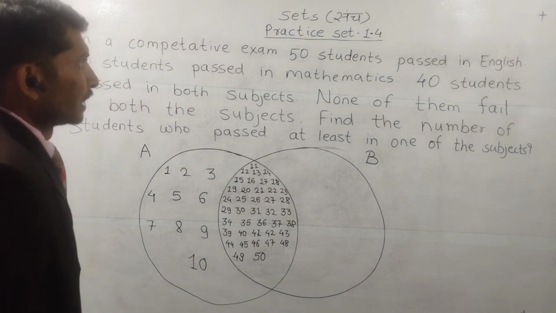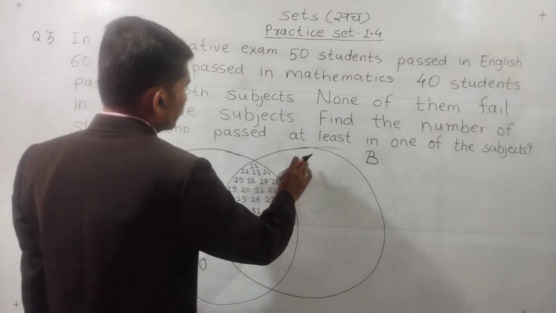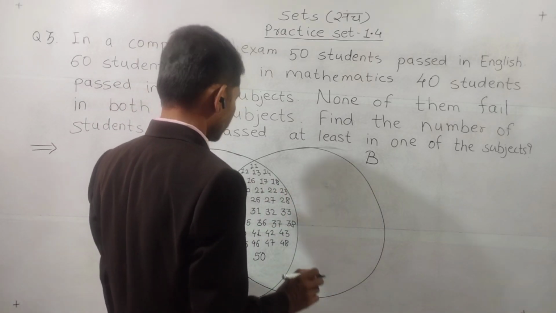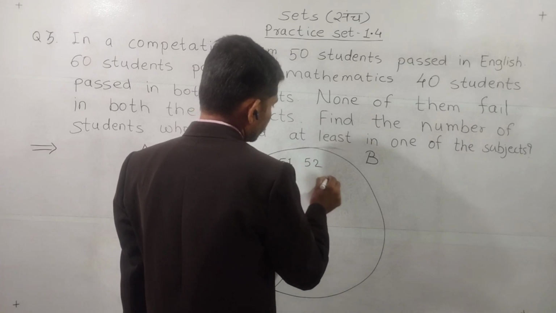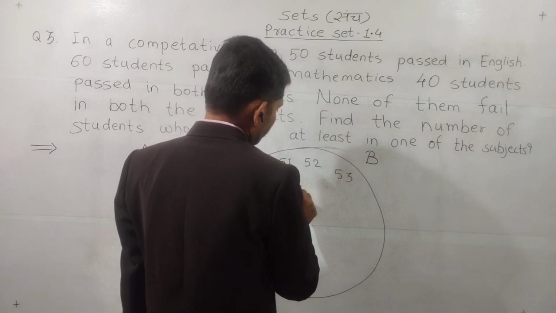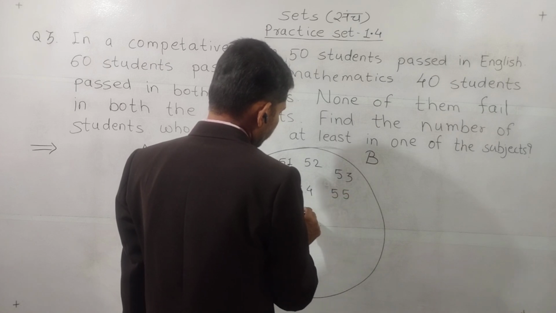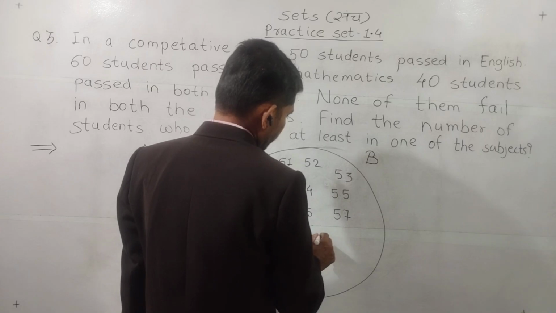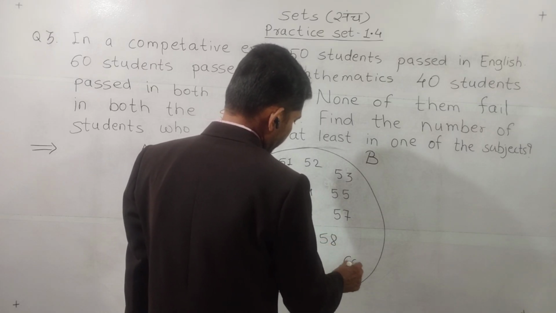Now we have to write the 60 students in set B who passed in mathematics. So 51, 52, 53, 54, 55, 56, 57, 58, 59 and 60.